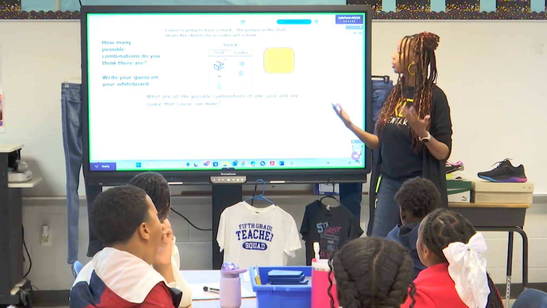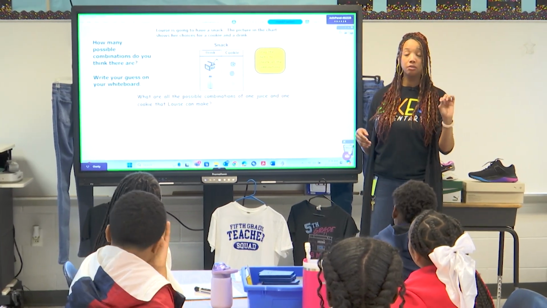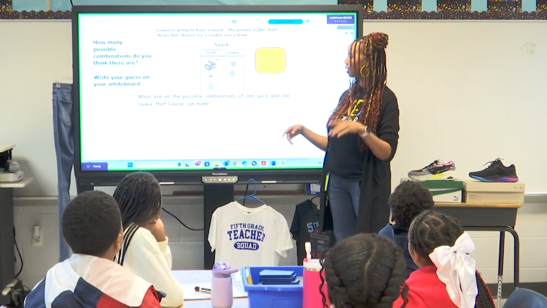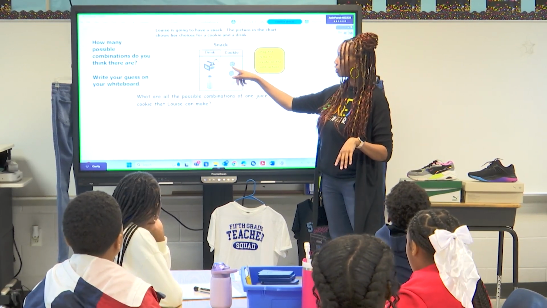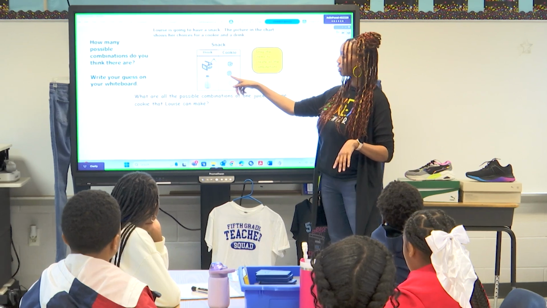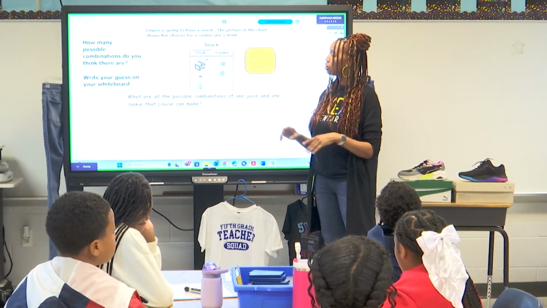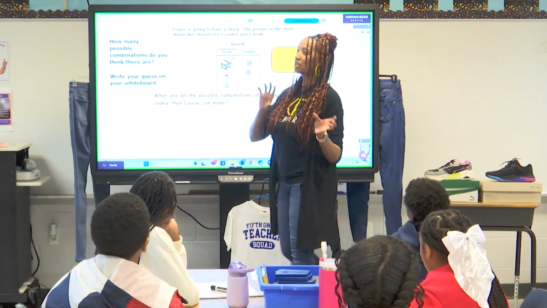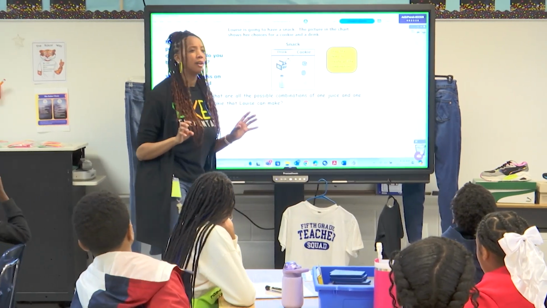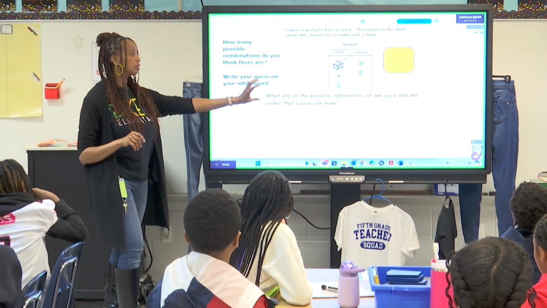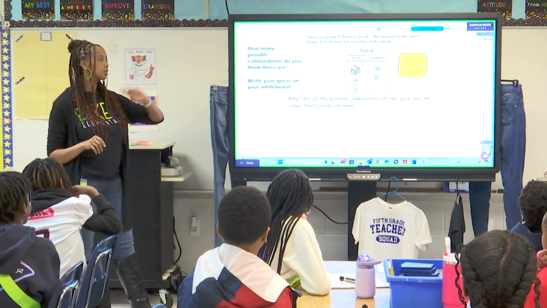And for the snack, she can get a cookie. Here are the different types of cookies she can get. She can get a chocolate chip cookie, a chocolate stripe cookie, or a sugar cookie, okay? So there are all different types of combinations you could have, right? You could have milk with a striped cookie or water with a chocolate chip cookie.